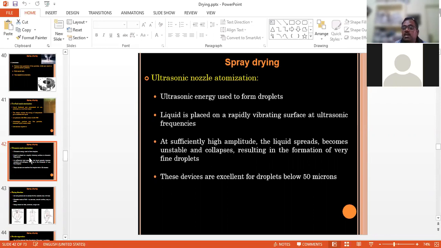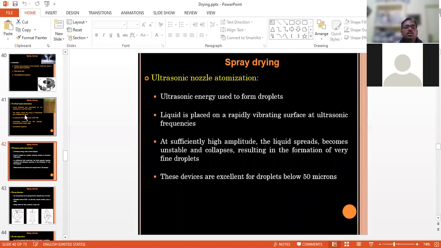These devices are excellent for droplets below 5 microns. This type of device is very useful for droplets having a size less than 50 microns. So these are the different types of atomizer.